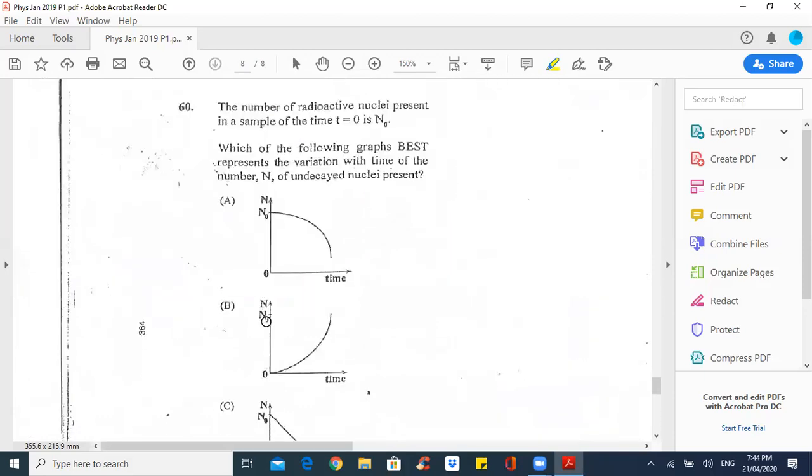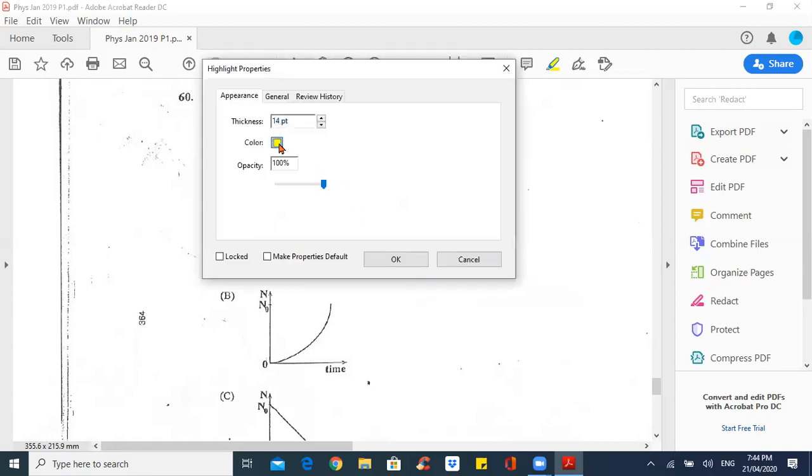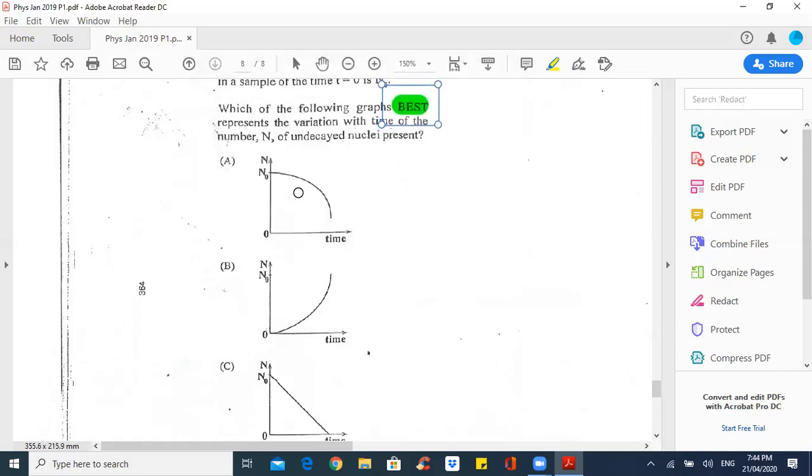Number 60, the number of radioactive nuclei present in a sample at time t equals 0 is N0. Which of the following graphs best represents the variation with time?